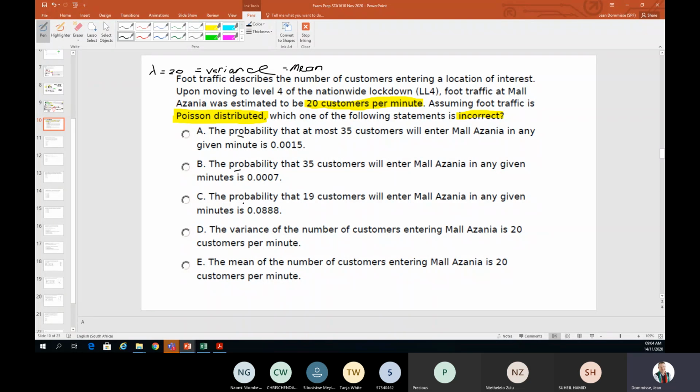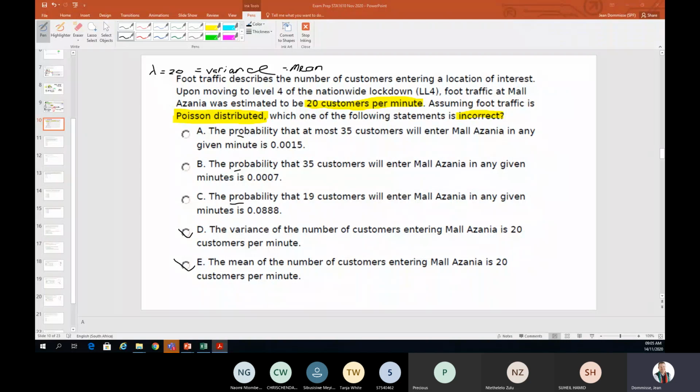The variance of the number of customers entering Mall Azania is 20, correct. The mean of the number of customers entering Mall Azania is 20, correct. So we already identified two of them just from writing down: if I know my lambda, I basically know my mean and variance. So that is correct. I'm looking for the incorrect one, so I will need to go to my table.